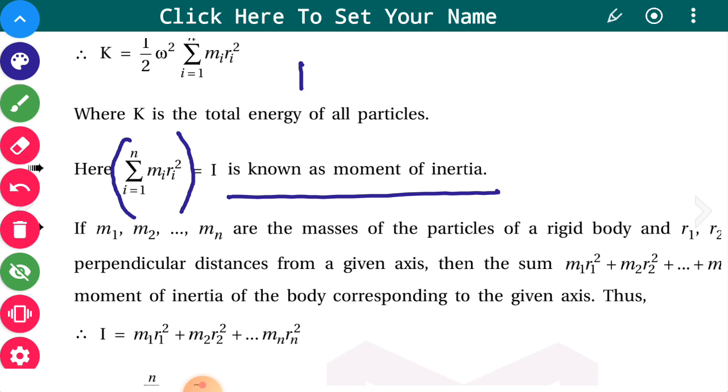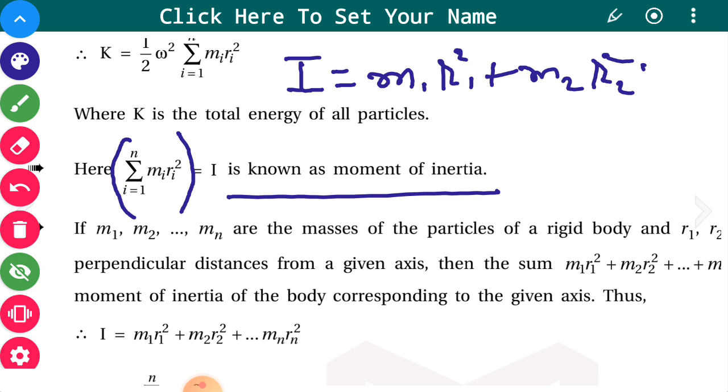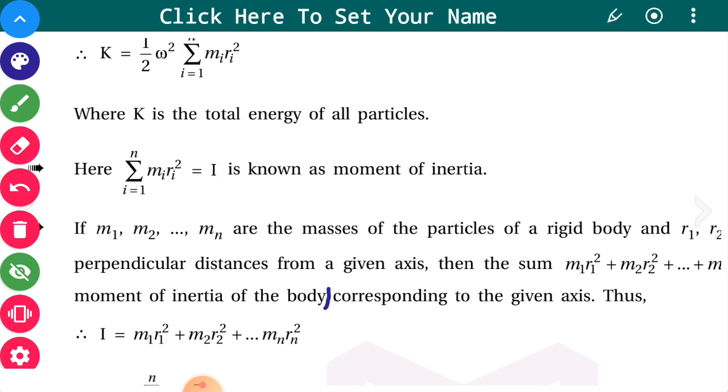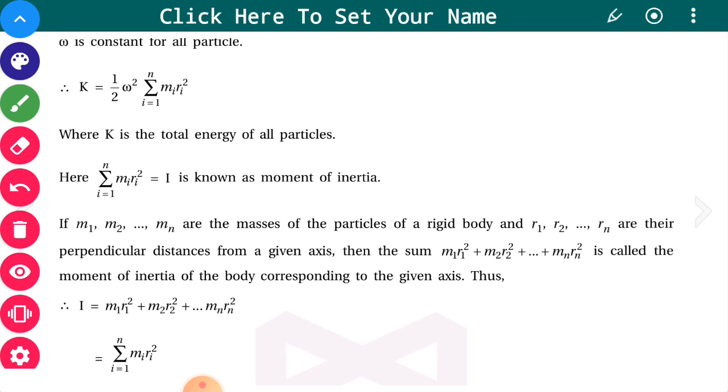So in general we can say that the moment of inertia, capital I, is m1 r1 squared plus m2 r2 squared plus up to mn rn squared, where m1, m2, m3 up to mn are the masses of all the particles in the rigid body, and r1, r2 up to rn are their perpendicular distances from the axis of rotation.